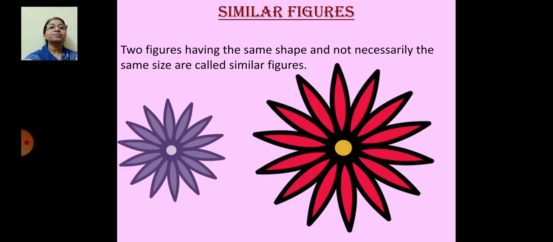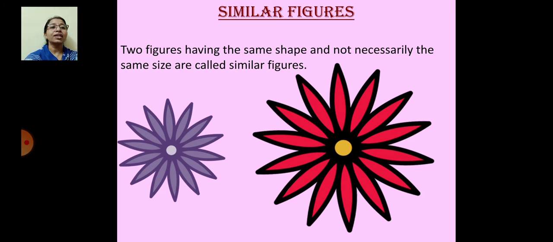Now, what are similar figures? Two figures having the same shape and not necessarily the same size are called similar figures. Here in the diagram you can see two flowers which are similar in shape, but is their size equal?